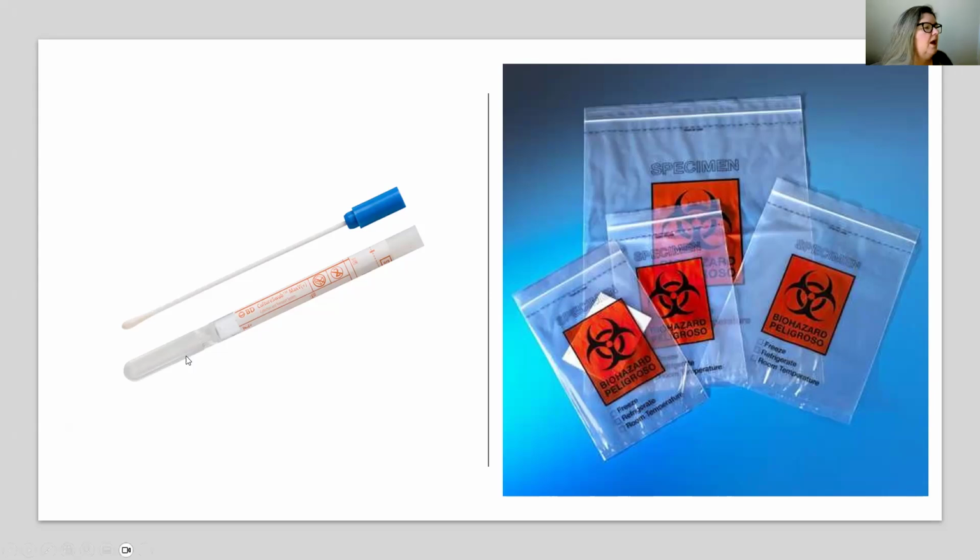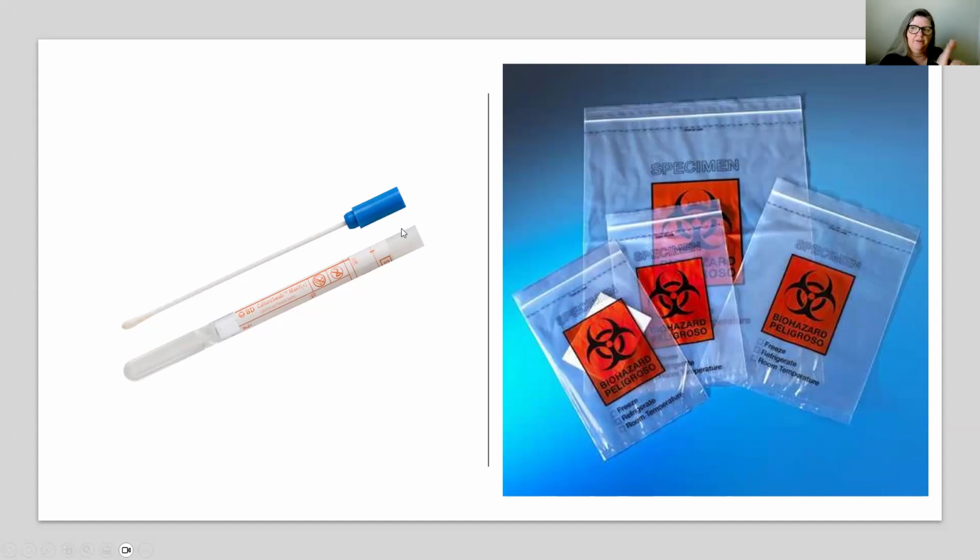Here is how this works. These come in a sealed wrapper. When you take them out, you unscrew this, and that lid comes off, this portion here. Collect your specimen like you did with your other swab, and then put this whole thing into the tube, and then this becomes the new lid.